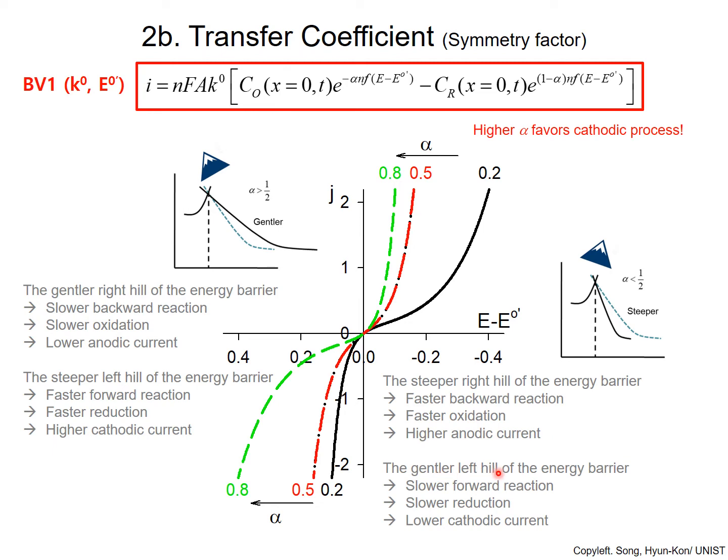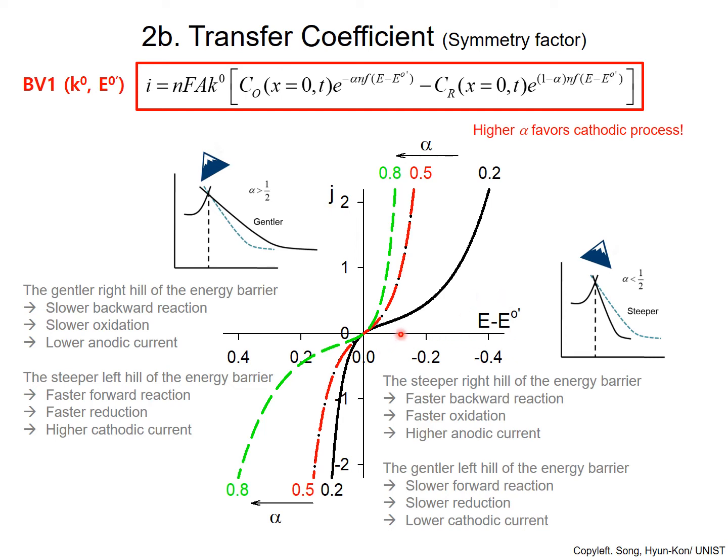The gentler left hill of the energy barrier, when compared with the steeper right hill, indicates slower forward reaction from the left to the right. That is to say, slower reduction. Then we would obtain lower cathodic current. Let me check this situation on this current versus potential curve.